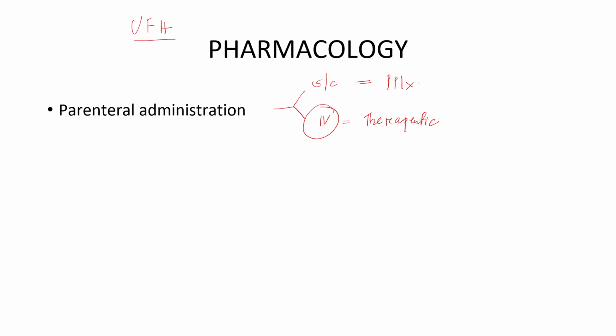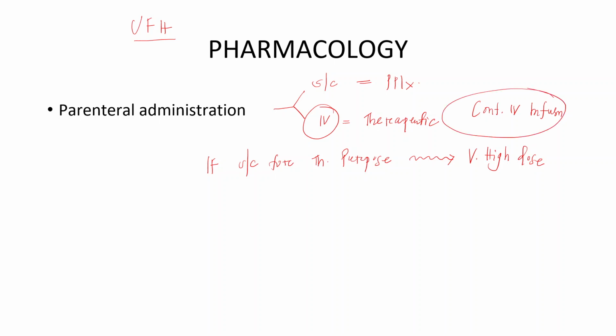If you want to give sub-Q at a therapeutic dose, the dose has to be very high. And it is given as a continuous IV infusion, because the half-life is very low.